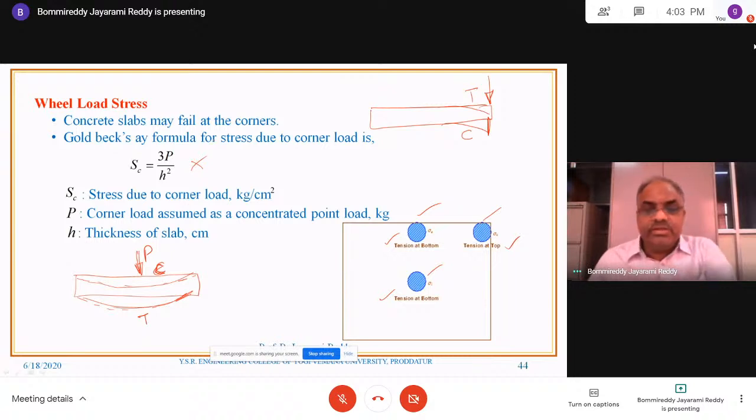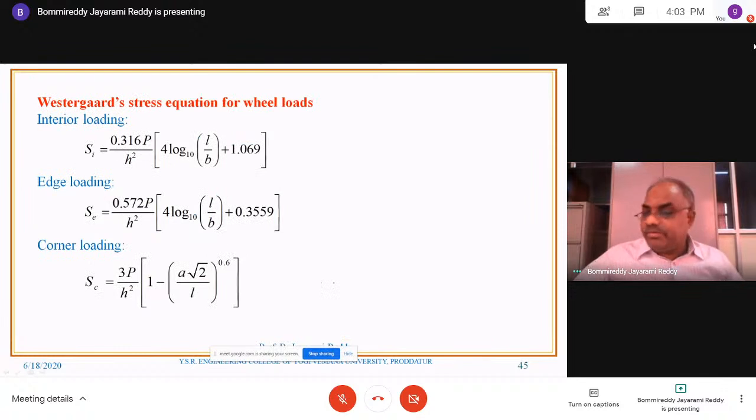No formula is important here, and it is very difficult to remember these formulas. Westergaard's stress distribution equations for wheel loads are given for interior loading, edge loading and corner loading. They depend on the radius of relative stiffness, B the equivalent radius of the resisting section, the axle load, the thickness of the pavement, etc. It is not possible for you to remember them, and in the examination the questions are not with these formulas.